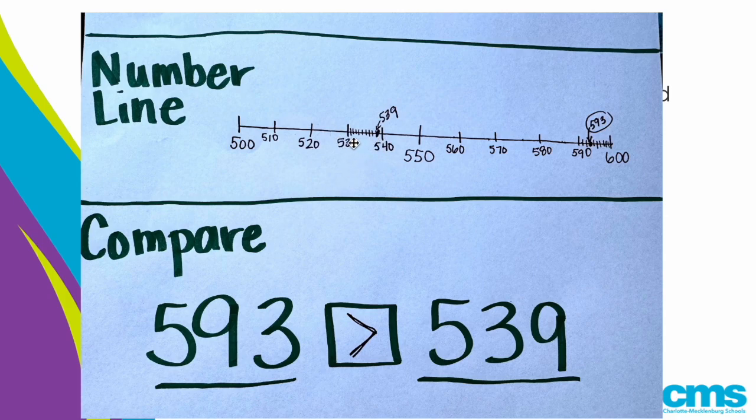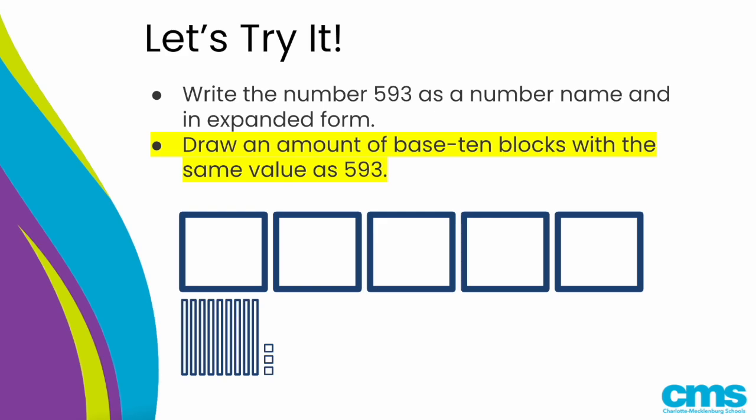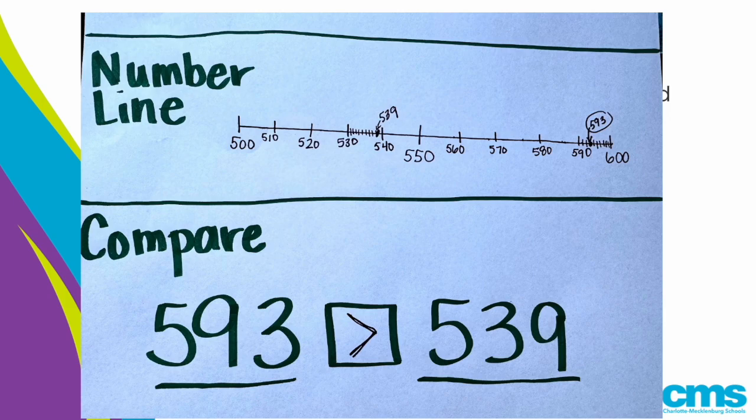So again, I counted by ones to find that number. Students could also draw 539 using their base 10 blocks and compare it to 593, which is something they may have already done alongside you. But now I know that 593 is greater than 539, and I know that because it's farther to the right on the number line. It's closer to 600 than 539 is.